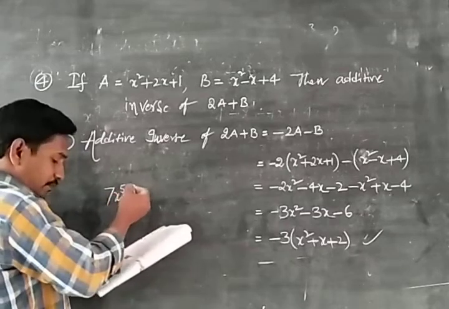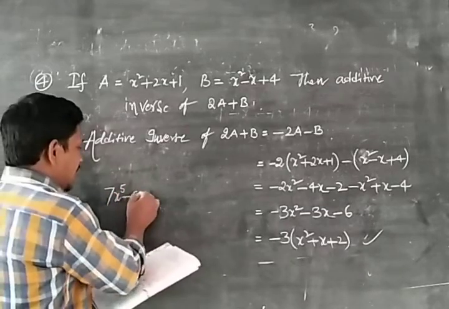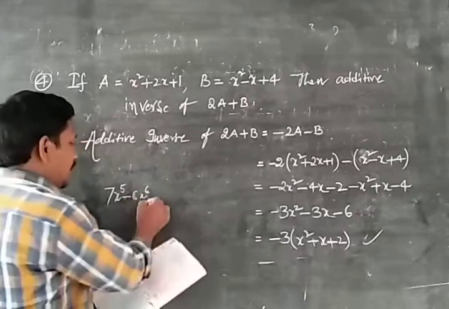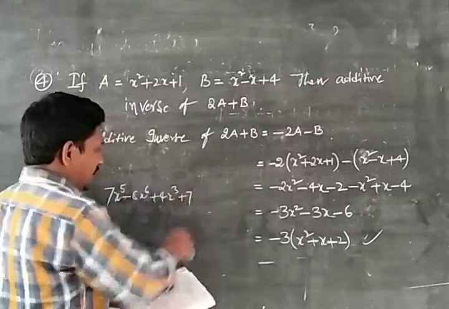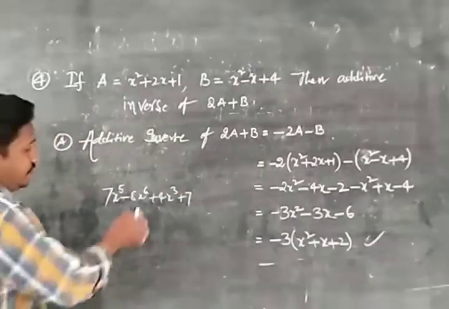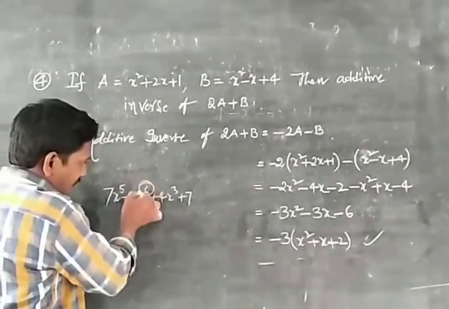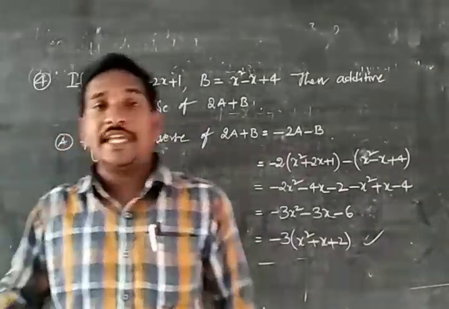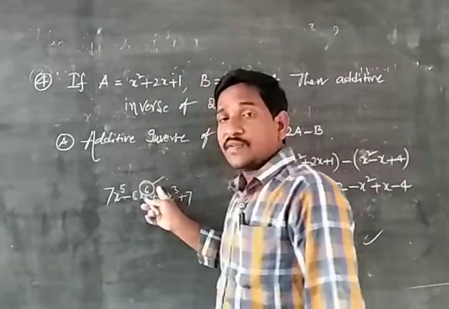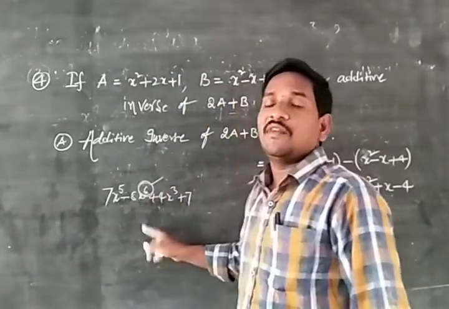What is the highest degree here? The highest exponent is 6. That is the degree of the polynomial. Highest exponent here is 6, so that is the degree of the given polynomial.